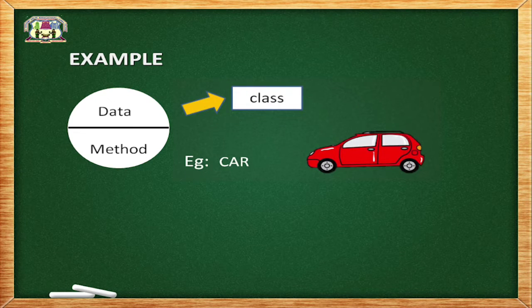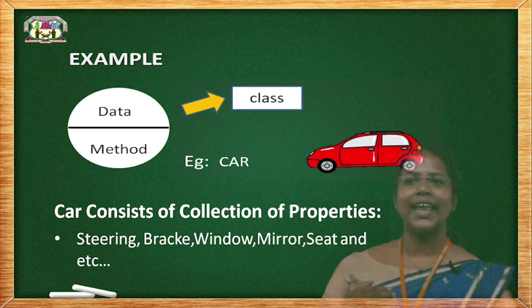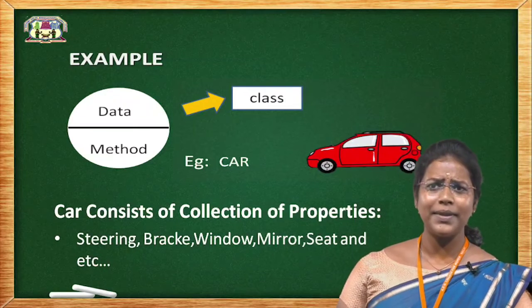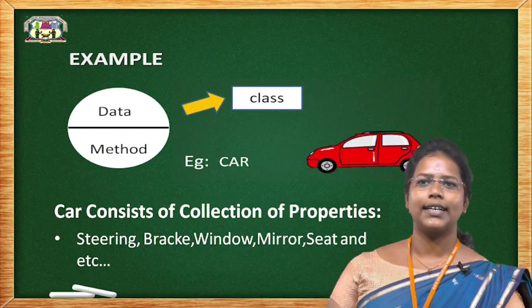The real-time example for a class is a car. The car consists of a collection of properties such as brake, window, mirror, seat, etc. All these properties together are named a car. Similarly, the data and method are collectively called a class.